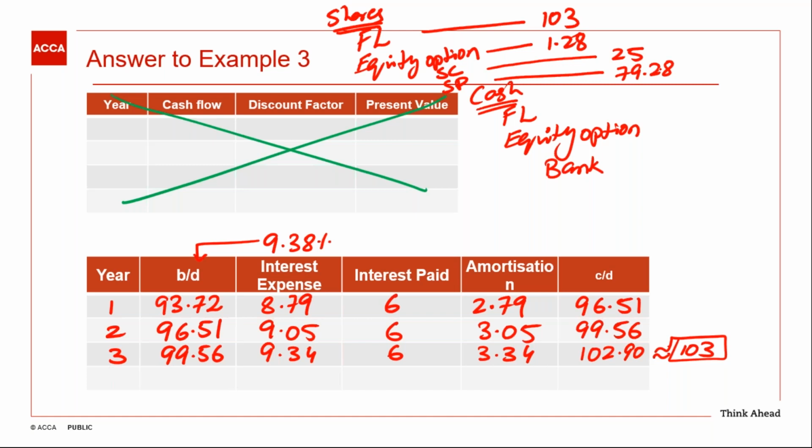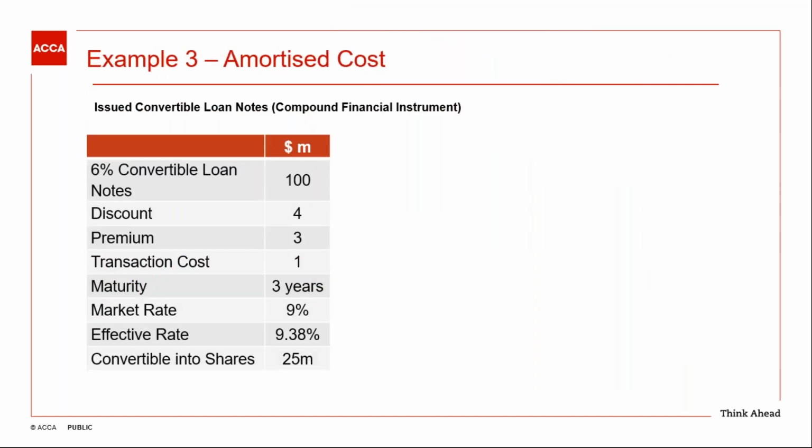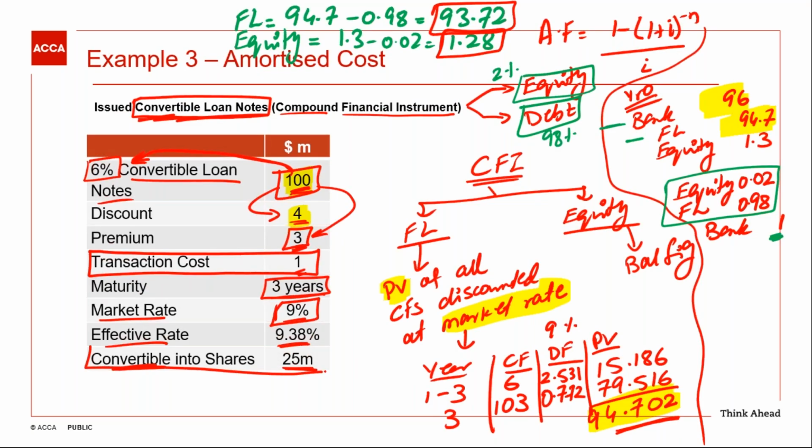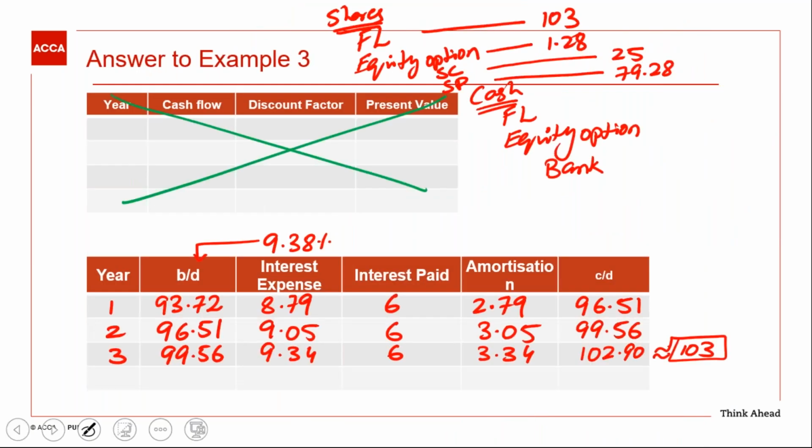So if the counterparty asks us for the shares, we are going to debit the liability and equity. We are going to credit the share capital by the par value which was given in the question, of 25 million shares. By default, we assume a par value of 1. So this will become $25 million of the share capital, and the balancing will be the premium.